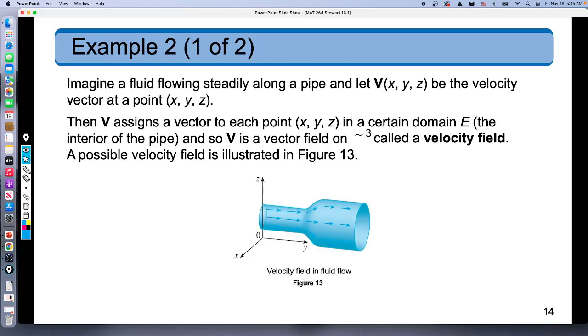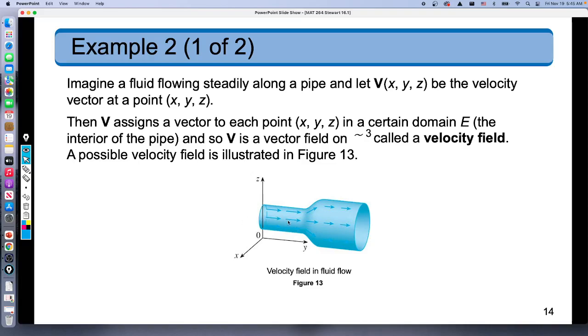Okay. So this first part's just getting us familiar with vector fields themselves, what they look like. We could have three-dimensional vector fields, and it could be like the flow of a fluid in a pipe. And so as the pipe changes shape, you get different volume, different flow patterns, different speeds. It might speed up, slow down. So if you go from constricted, it should be going faster. As you go to a larger pipe, tube, it would tend to slow down.